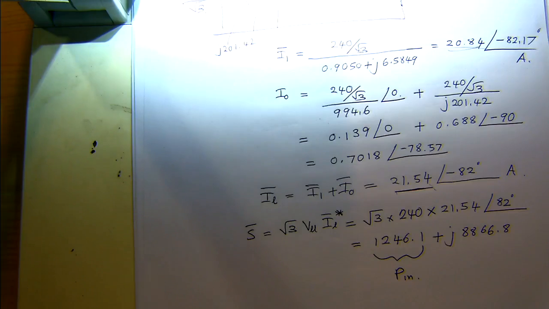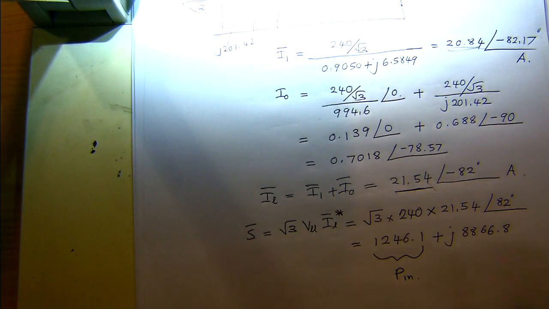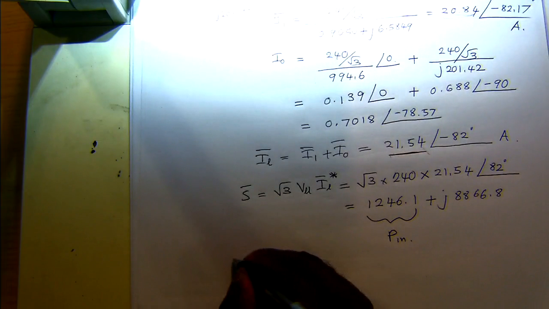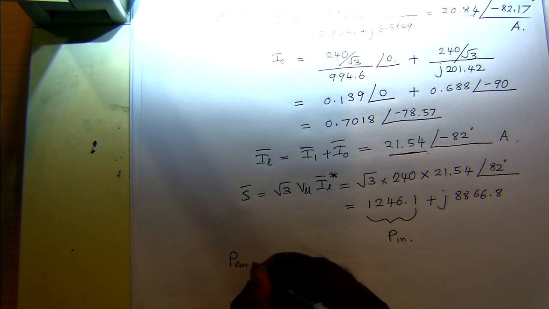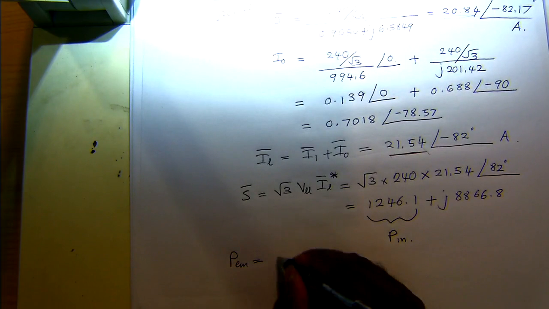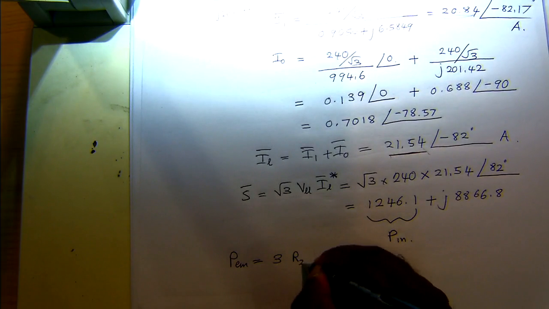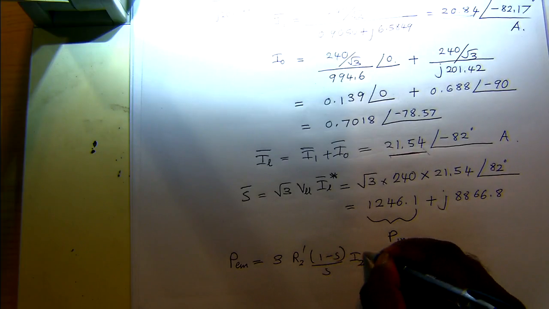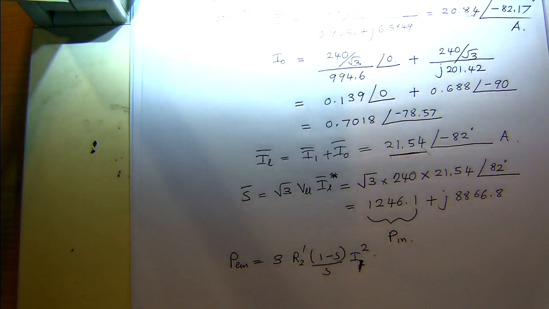And then finally in that part, you need to calculate the torque produced by the motor under the above lock rotor condition. So in this condition, we need to find the torque. So if you look at the P_EM, we write this as 3 times R2 prime (1 minus s over s) I1 squared. That's the electromechanical power.